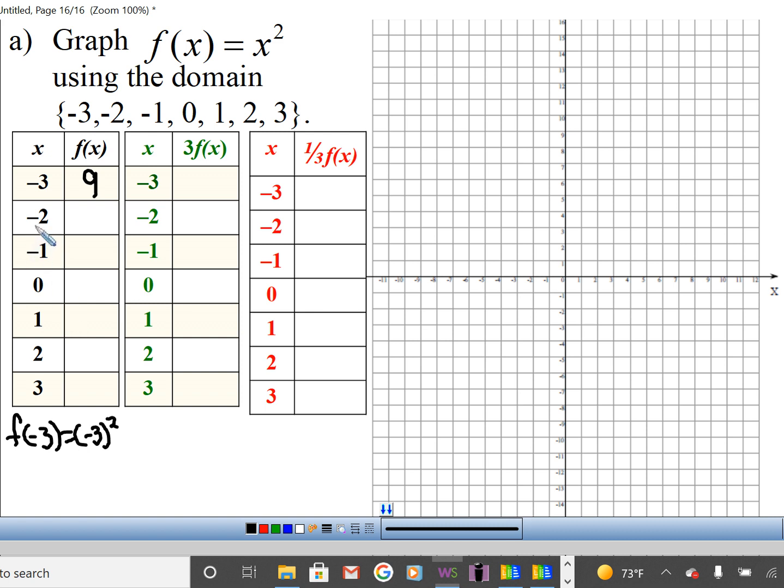What is -2 squared? 4. -1 squared? 1. 0 squared? 0. 1 squared? 1. 2 squared? 4. And 3 squared? 9. All right, let's plot that. -3, 9. -2, 4. -1, 1. 0, 0. 1, 1, 2, 4, and 3, 9.